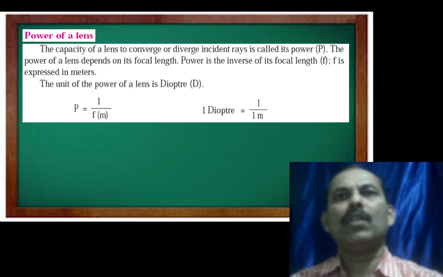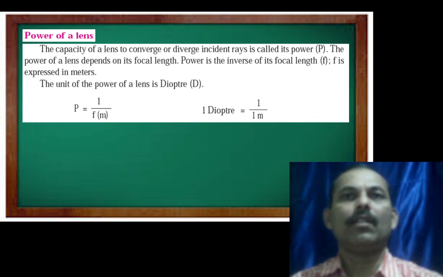Power is the inverse of its focal length, F. Focal length here is expressed in meters. So the formula of the power of the lens is P equals 1 upon F, where F is the focal length in meters. The unit of power of a lens is the diopter, capital D, and 1 diopter equals 1 upon 1 meter.